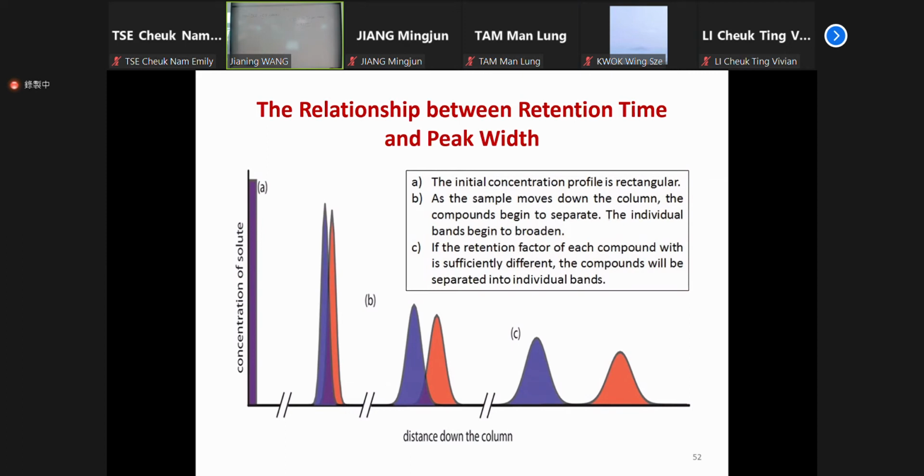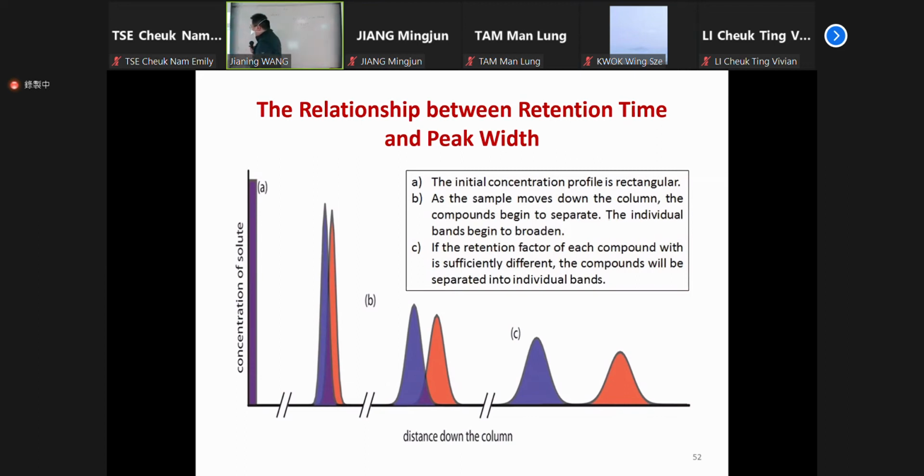So if the peak broadens, we just have a lower peak height. So if the height is too low, lower than the threshold of the sensitivity of a detector, we have no way to see the analyte.